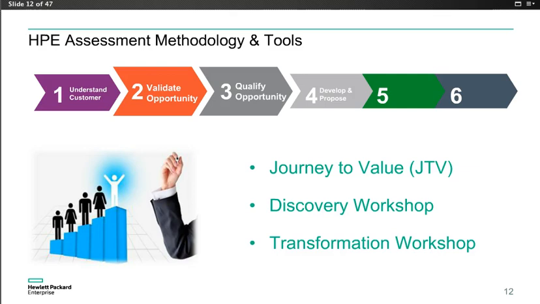And the last one is the transformation workshop. It's a workshop that typically takes more than 1 day, and it's a deep dive.